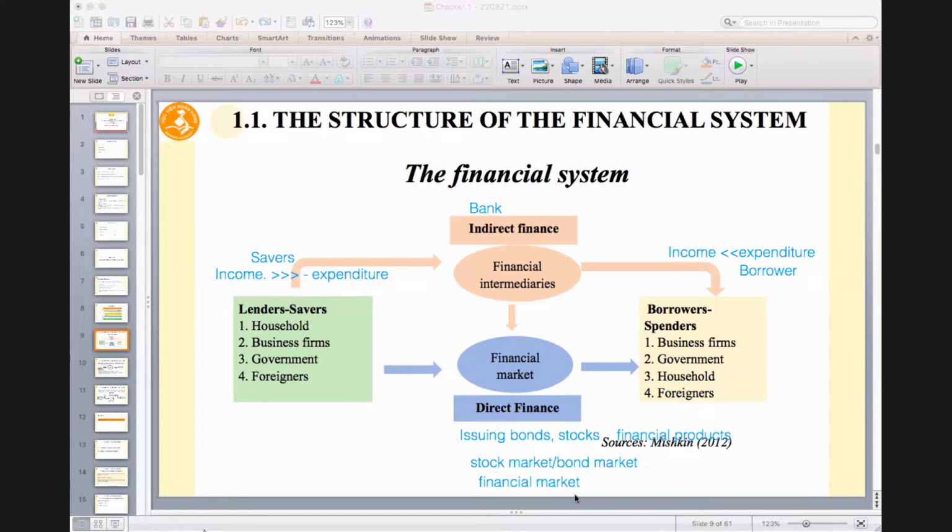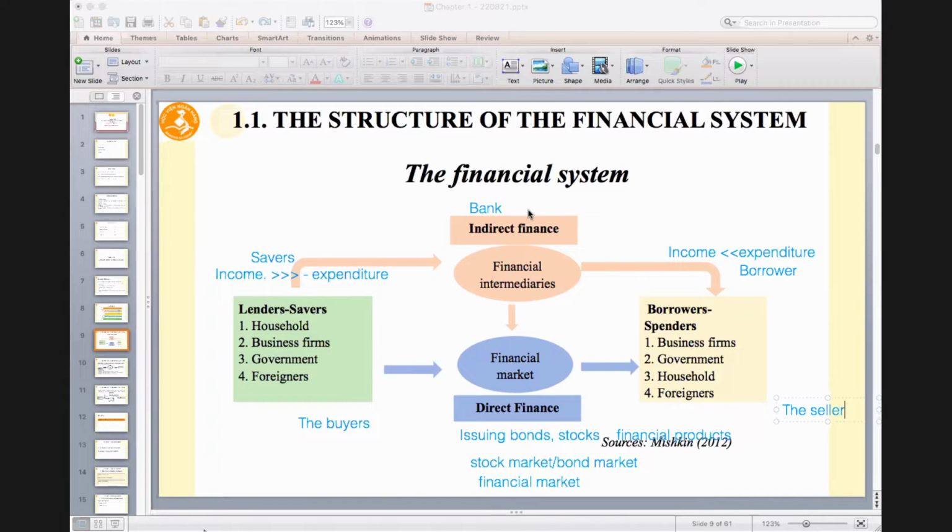In this market, the saver, or the lender, connects to the borrower directly. Here they are the buyer, and here they are the seller. They connect directly on the financial market, and they trade bonds or stock, which are called financial products.